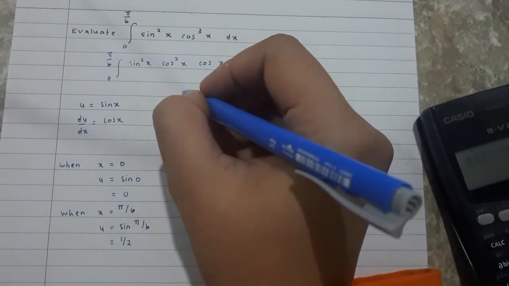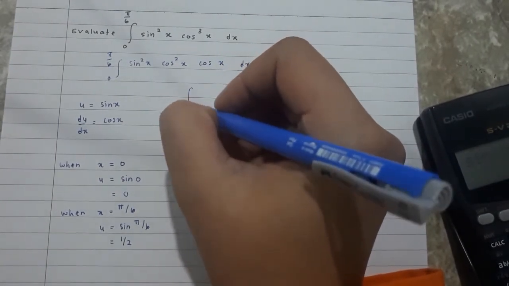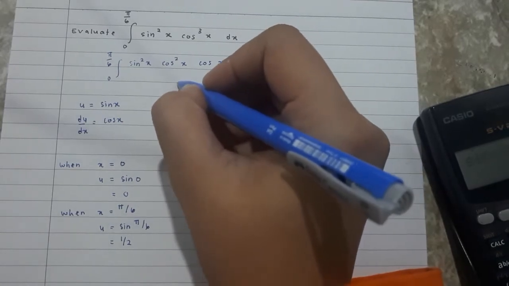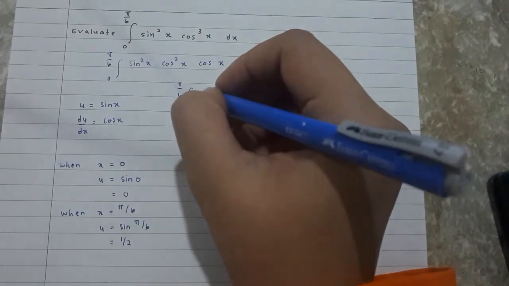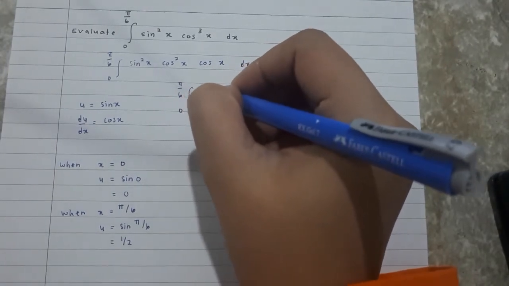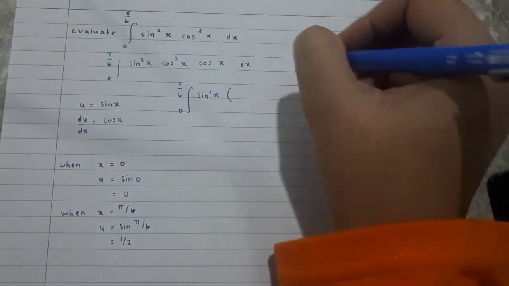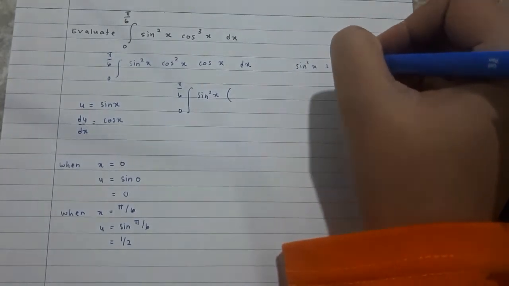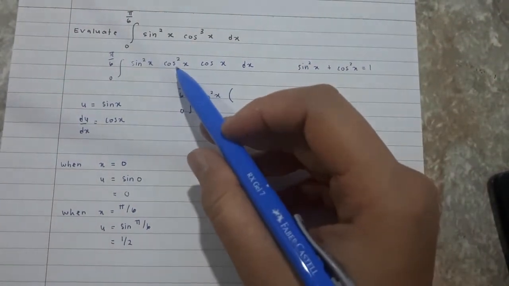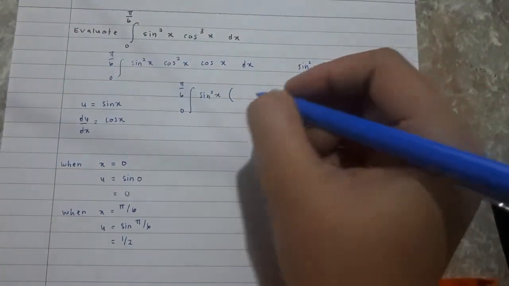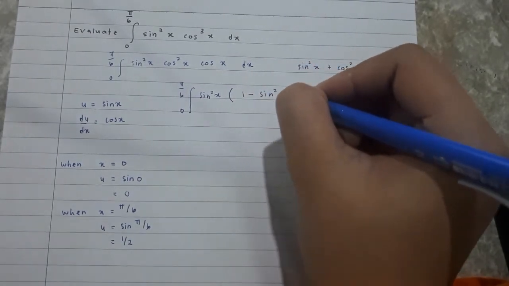Okay, let's do the substitution. From the identity, sine square x plus cos square x equal 1, we can substitute cos square x by 1 minus sine square x.